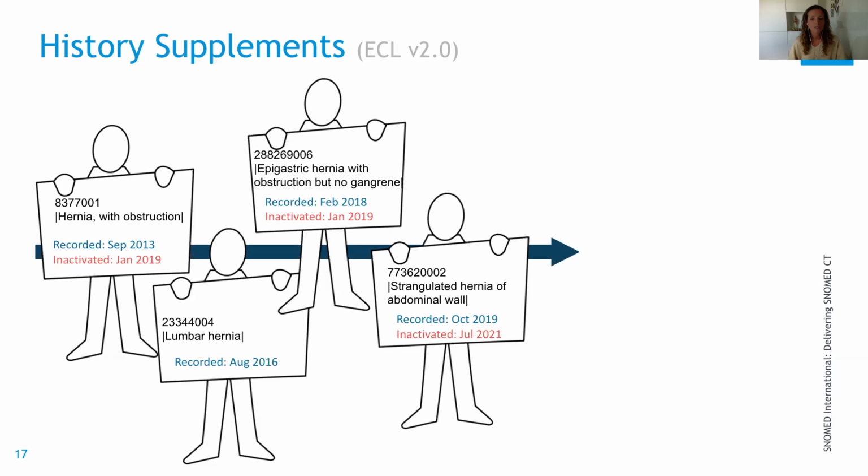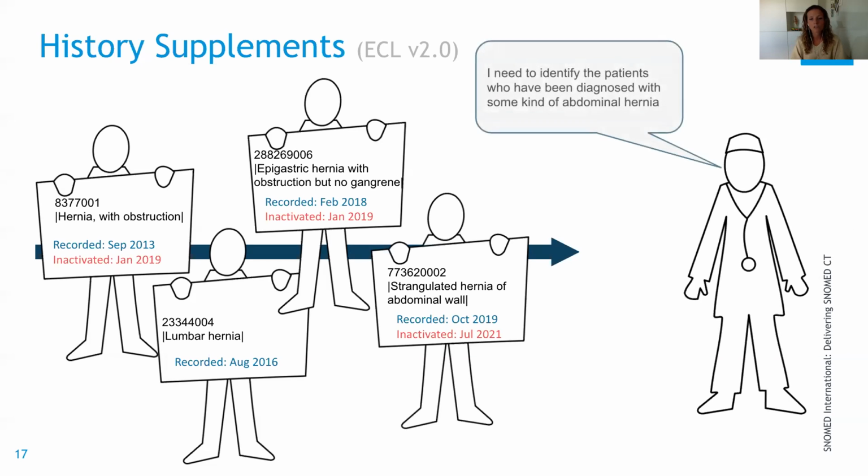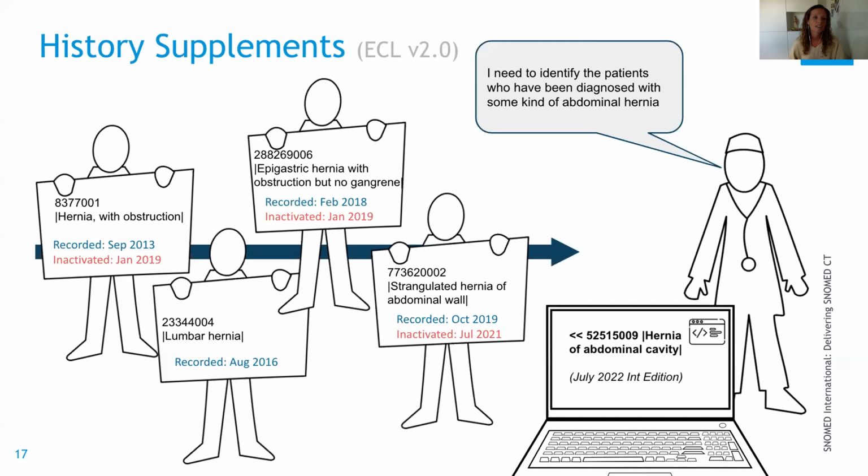So in the situation where a person or organization wants to perform analytics to identify all patients that have been diagnosed with some kind of abdominal hernia, you could use the expression constraint language to identify all concepts that are a descendant or self of the concept hernia of abdominal cavity. And then you could compare the result of that query to the recorded concepts.